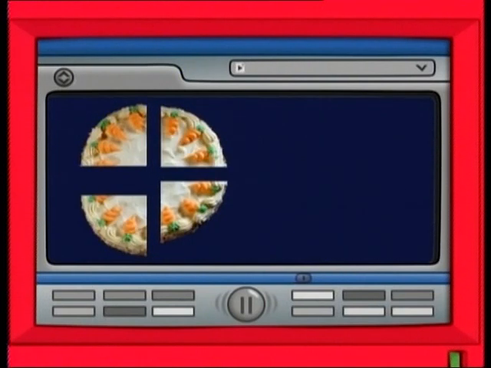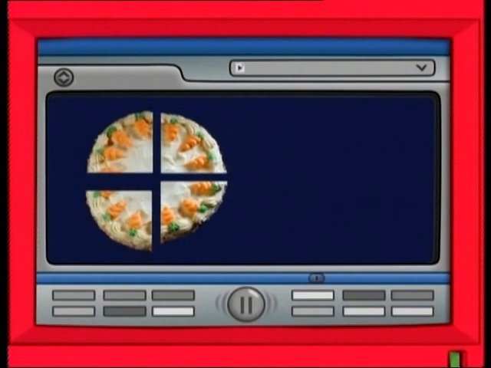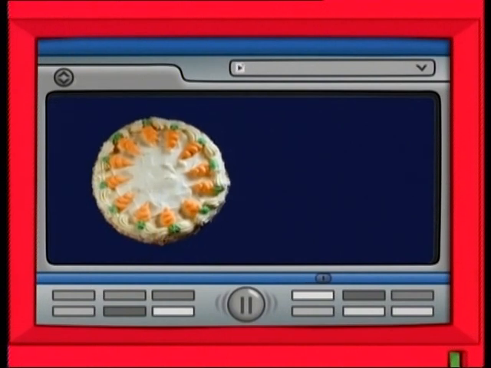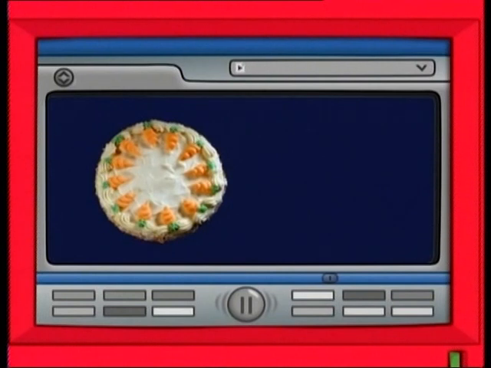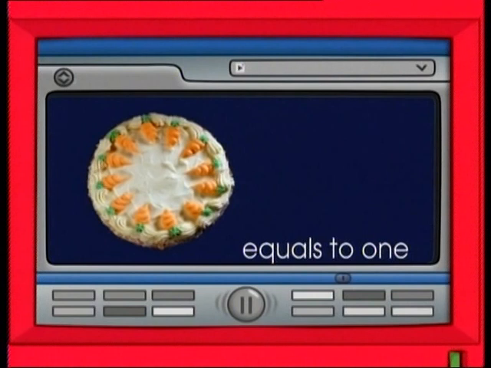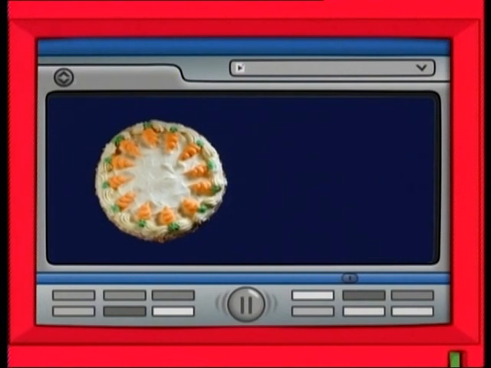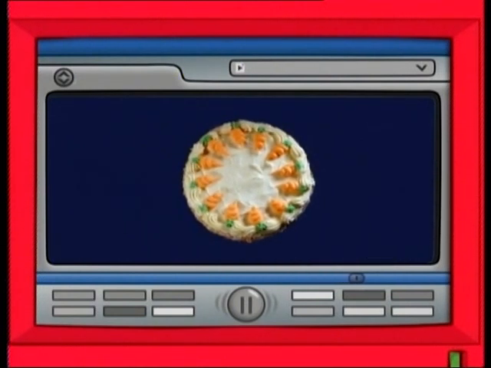And finally, all 4 pieces of the cake, when put together again, become one whole cake. That's 4/4, and it equals 1. That's it. Hope you really understand what fractions are.